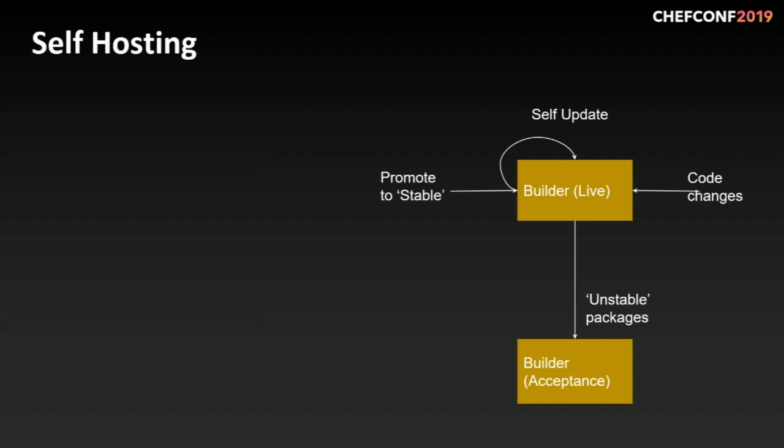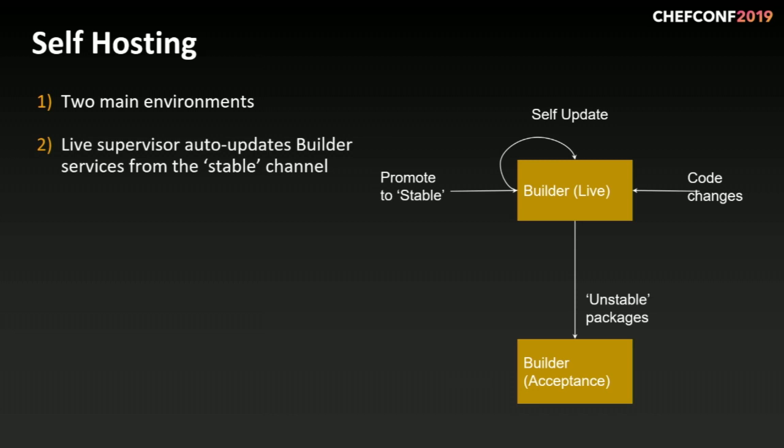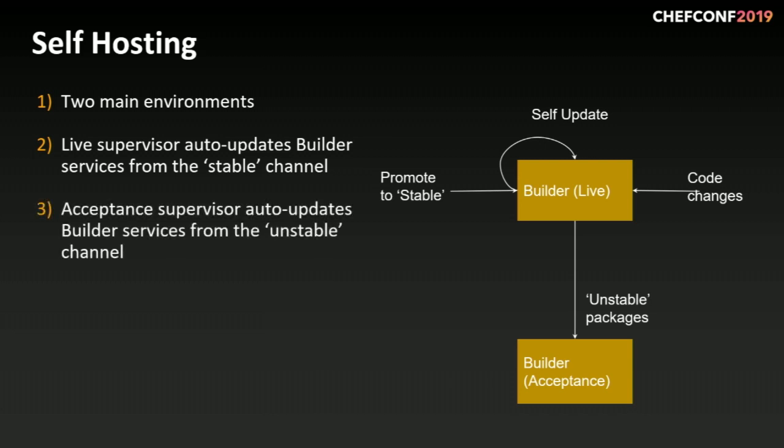Let's see, self-hosting, really quick. We have 2 environments, live and acceptance. If we have any changes that come in, they get auto-built, and I'm talking about the builder services. You get those built, and then the supervisor on the acceptance environment will just keep picking them up, keep updating them. And then when we're ready to release to live, it's just a promotion.